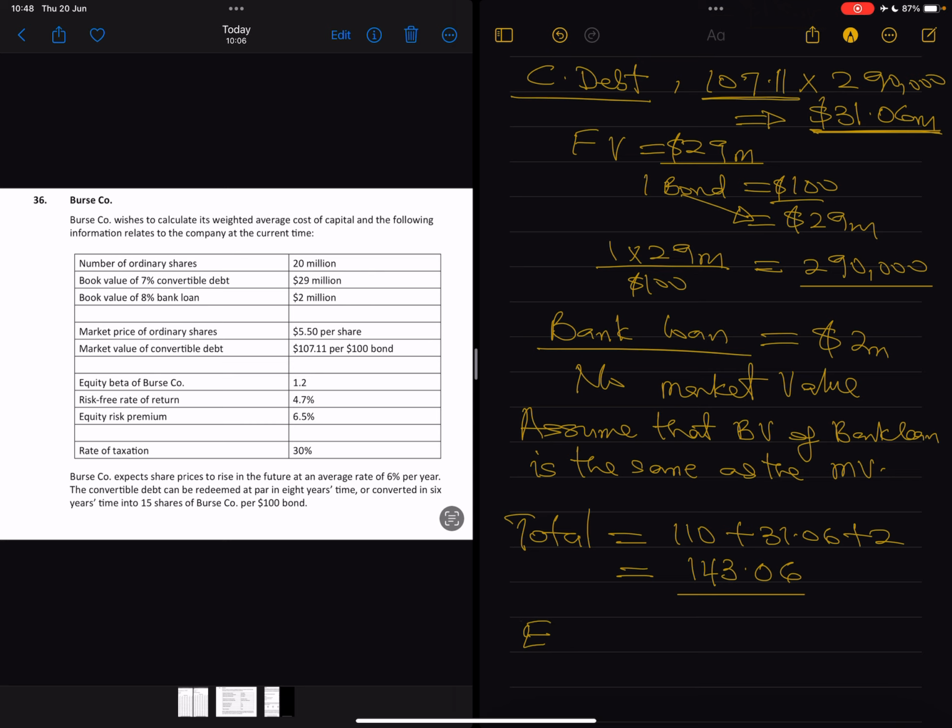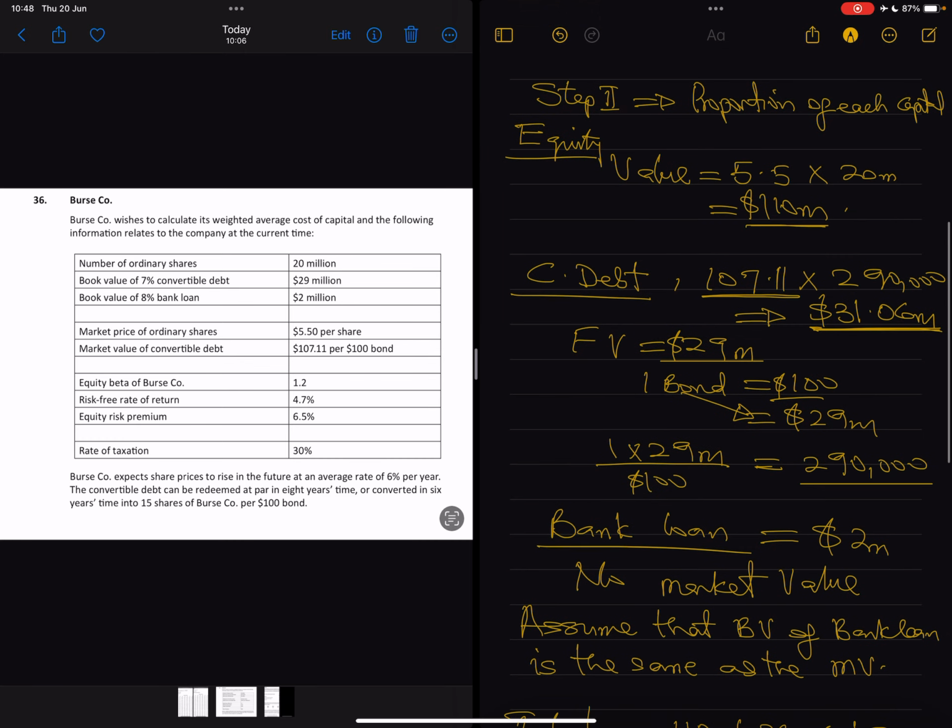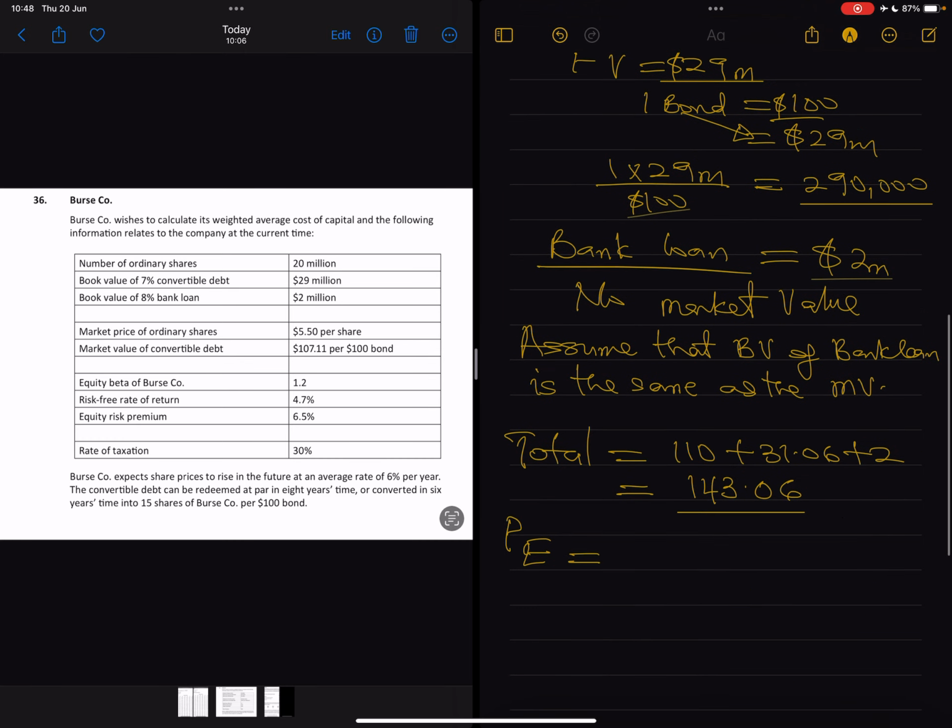So PE, which is proportion of equity, will be equal to the value of equity, which is 110, divided by the total, 143.06 times 100%. And that gives you, let's see, 110 divided by 143.06, and that gives you 76.9%.